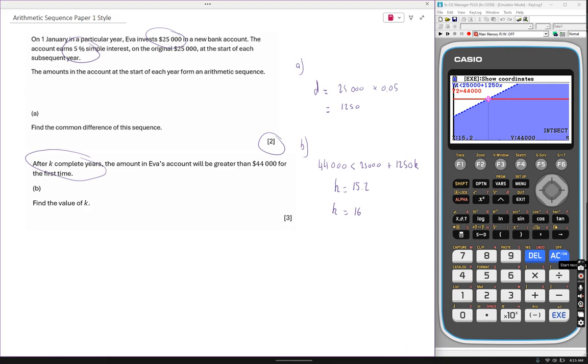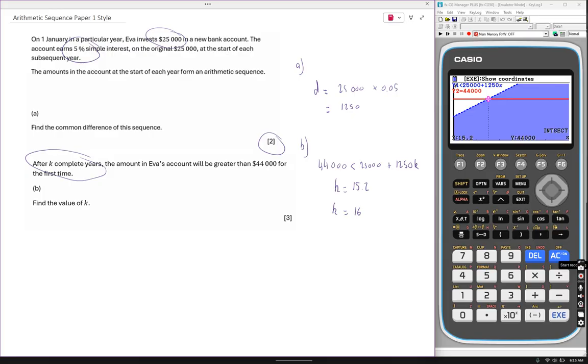Looking at the marking guide for this, you get a mark for setting up your inequality correctly. You get a mark for attempting to solve it, either by sketching it or by algebraic manipulation.